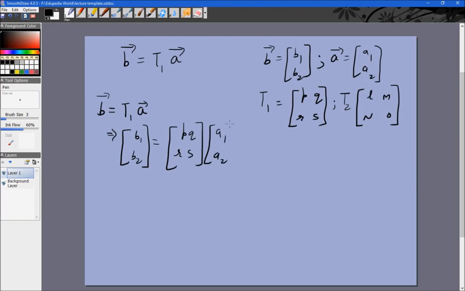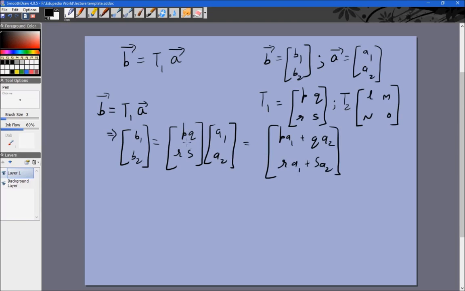And we know what this should come out to be, a 2 cross 1 matrix with entries PA1 plus QA2, RA1 plus SA2. Right. This is where we've defined matrix multiplication.